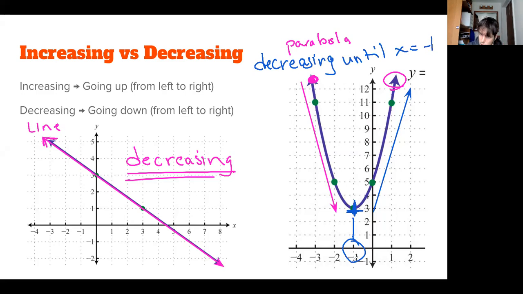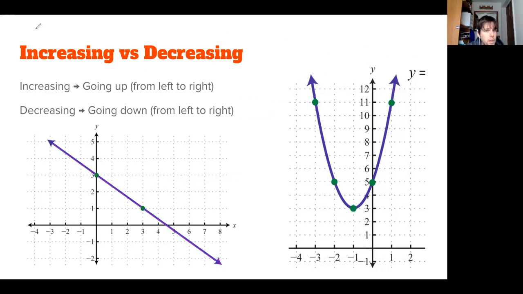That's the x coordinate there. Then increasing. I would also be okay at this stage of our learning with just saying it starts decreasing and then it turns and it's increasing. Something like that would be fine too. Again, both things can happen in the same graph. It can increase and decrease in different parts.